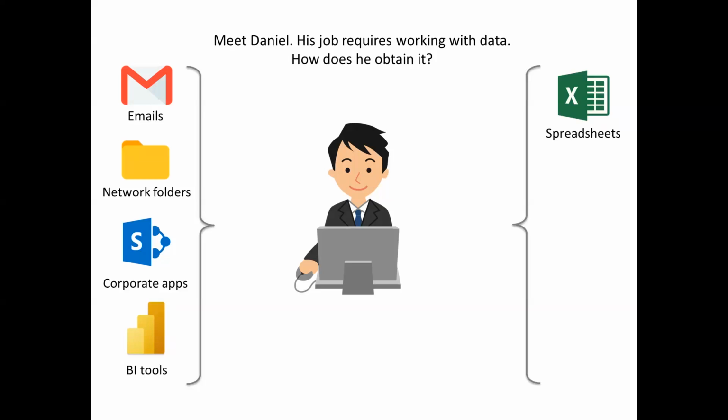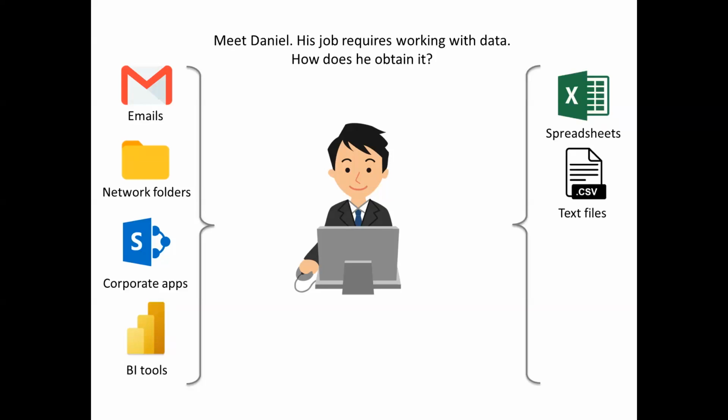So we talked about channels, how data is received, but what about formats? Again, we will see a variety of formats. Spreadsheets, well, probably the most popular format to exchange data in an organization.